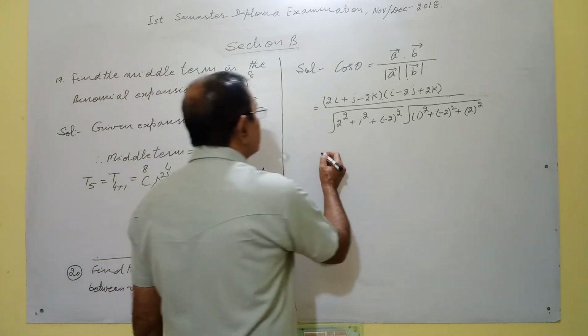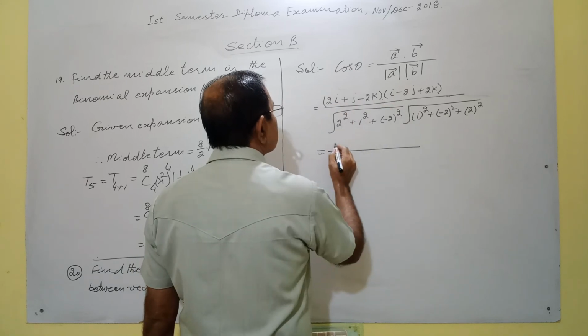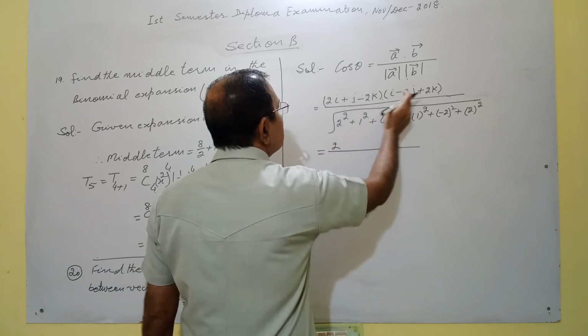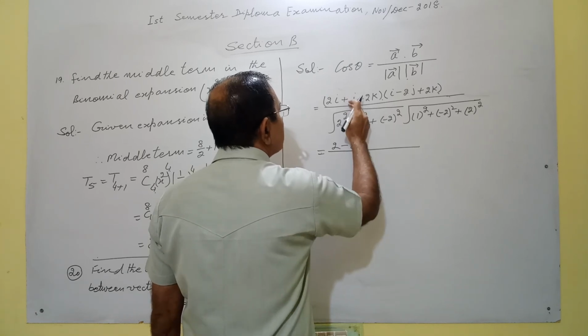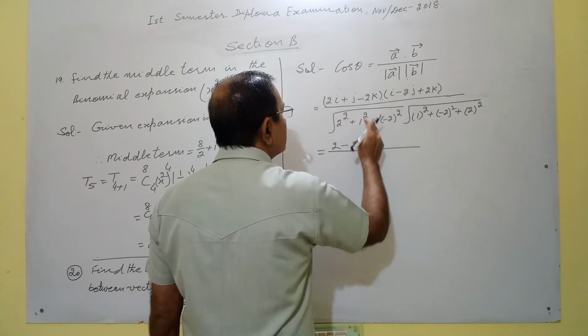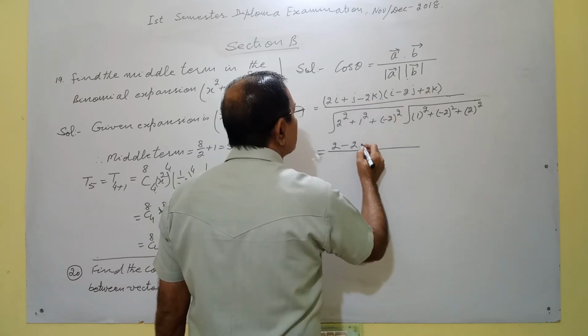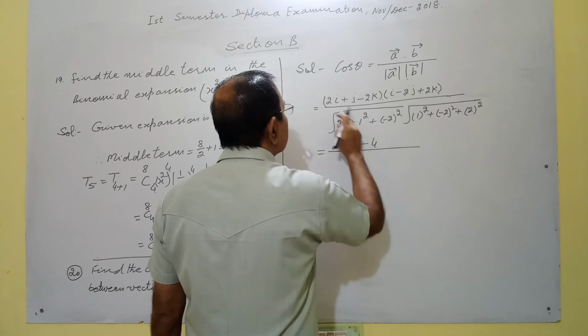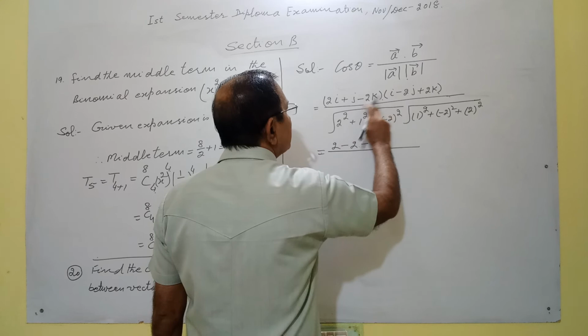So thus it will come out to be: the dot product is i into i, that is 2, j into j is minus 2, because here it is 1 and here it is minus 2, then minus 2 and 2, that is minus 4. Product of the coefficients of i, j, k.